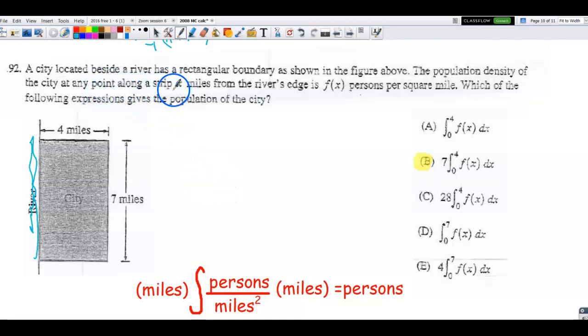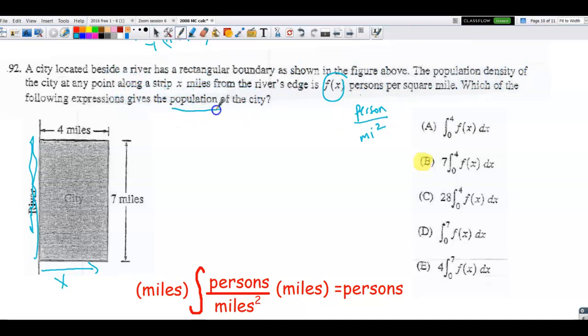At any point along a strip X miles from the river's edge. So we're moving in this direction, X miles. So that's in the X direction. Is f of x persons per square mile. So that's persons per mile squared.